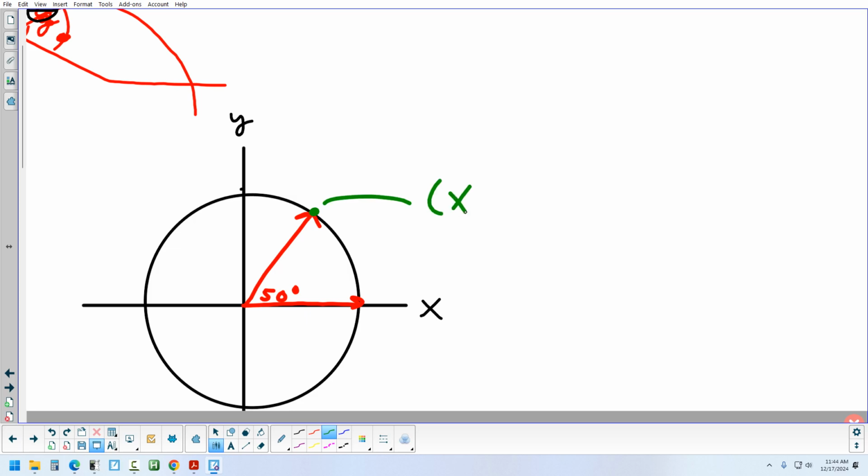That green dot has an x value and it has a y value. If you think of this as the origin, you have to go over and then you have to go up to get to that green dot. The point of unit circle trig is figuring out what that coordinate is. 50 is not an angle we would do on the unit circle, but the concept is still the same.